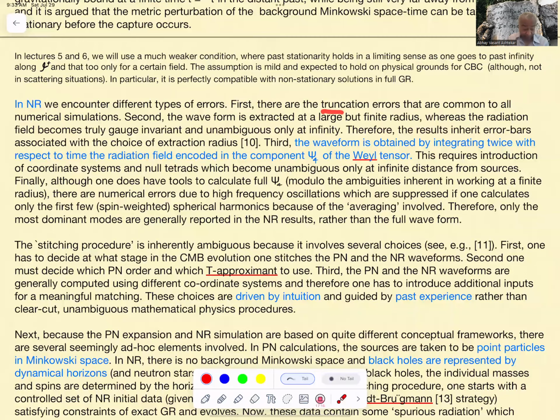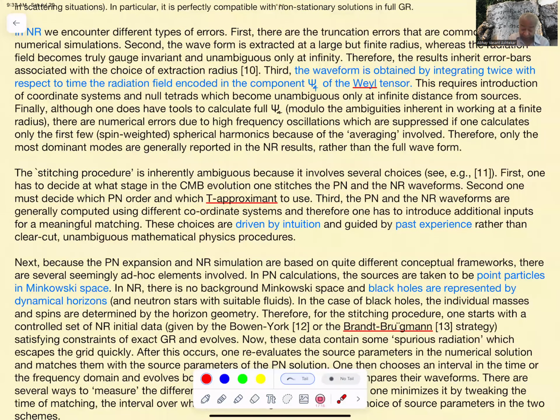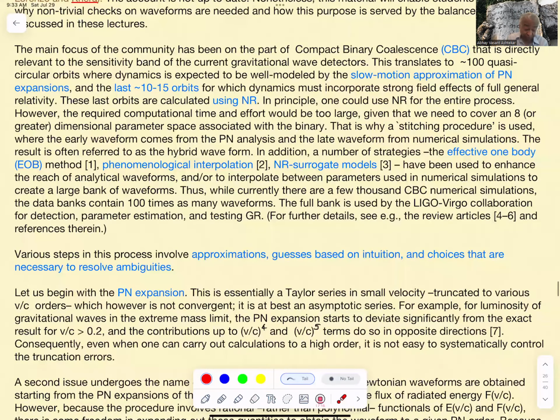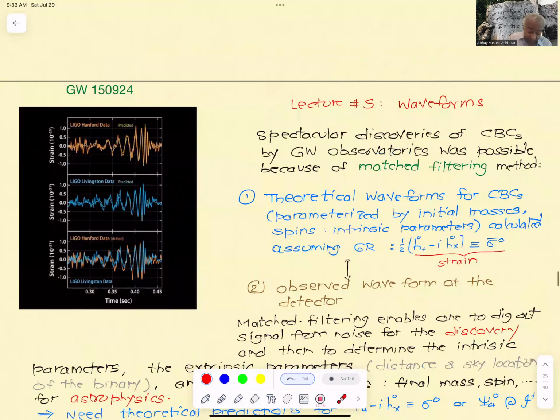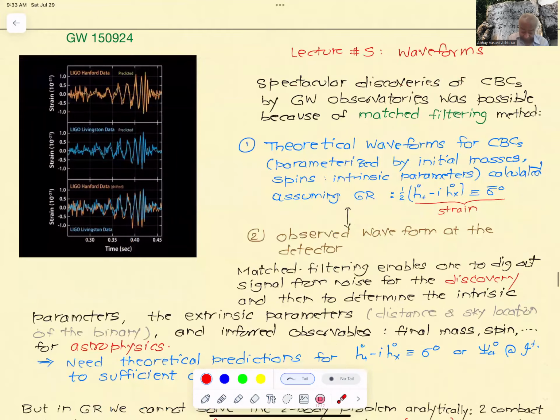First, the stitching procedure has several inherent ambiguities because it involves several choices. First, one has to decide the stage in the binary coalescence where one stitches the post-Newtonian and the numerical waveform. I'm going to get some numerical waveform here. This is certainly post-Newtonian, but do I start stitching here? Do I start stitching here? Do I start stitching here? So there's an issue there.